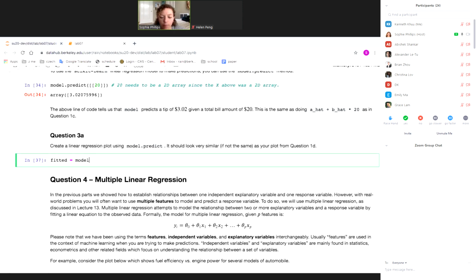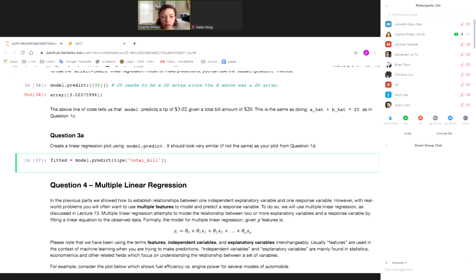So we're going to want to use our model to make predictions for each of the total bill values in the tips data set. So now fitted is this array of predicted values. Now we want to make a plot.